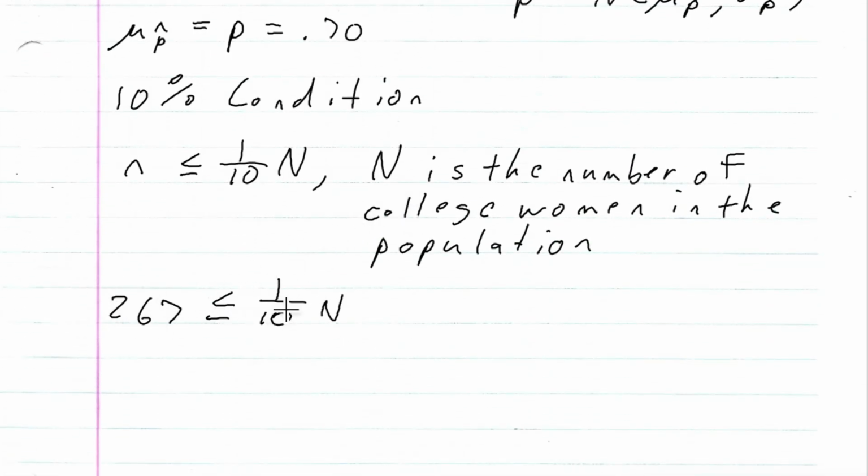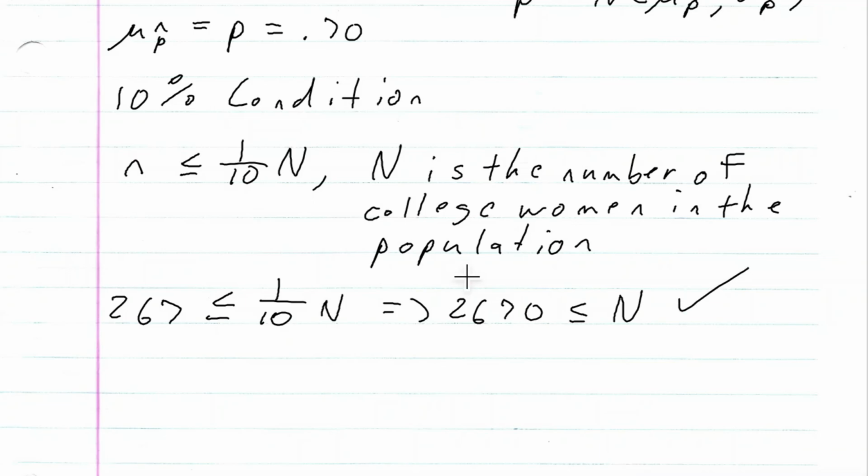So I think intuitively we know that this is going to be true. This number is definitely less than a tenth of the total number of college women, right? But you can also multiply both sides by 10 to show this. So 2670 is less than or equal to... this might be even easier to see because there are definitely more college women in the population than 2,670.